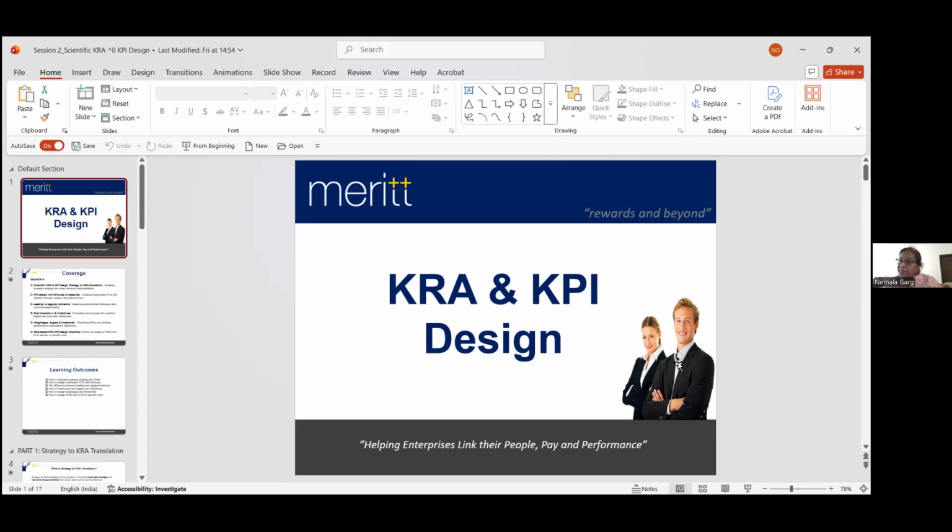Or say CG is the recruitment executive, and you want the turnaround time reduced from 60 days to 45 days. So I will say, can we look at digitizing the entire thing? Can you look at automating your recruitment system?